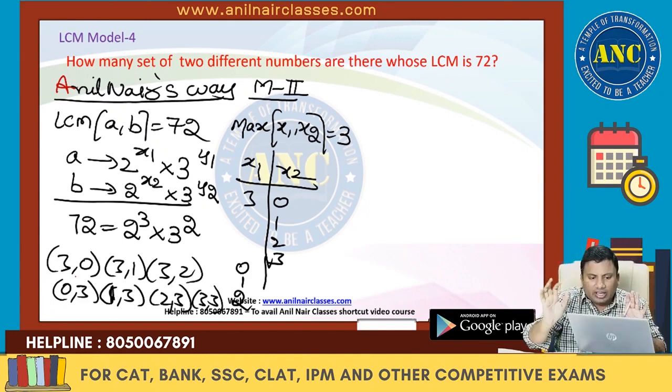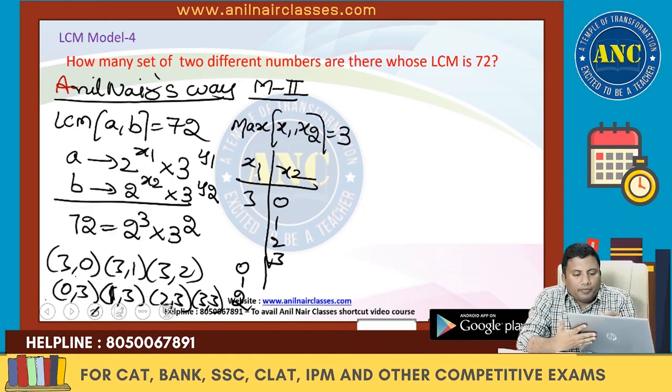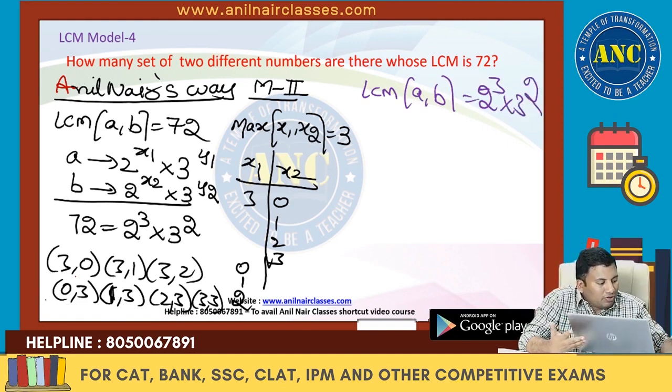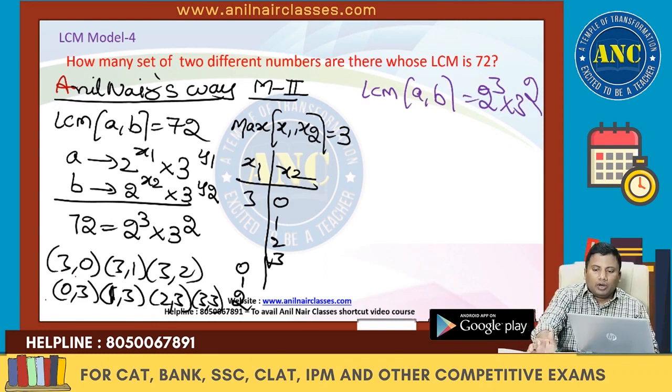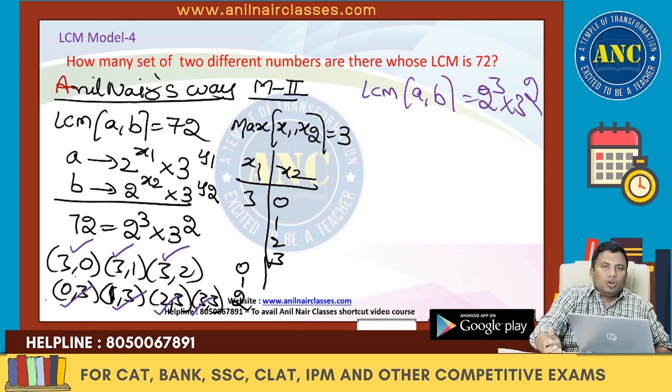Now, listen carefully, sir. This is something which we should know. LCM of A comma B is 72, which is 2 power 3 into 3 square. Now see, can I say every ordered pair has got at least one 3? Yes or no?